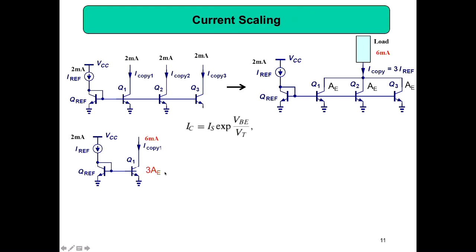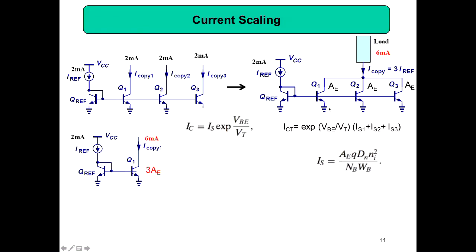The logic behind this: your collector current equals IS exponential VB by VT. So what is the collector current here? It is exponential VB by VT times IS1 plus IS2 plus IS3. So that is your total collector current. But the saturation current IS depends upon the area.